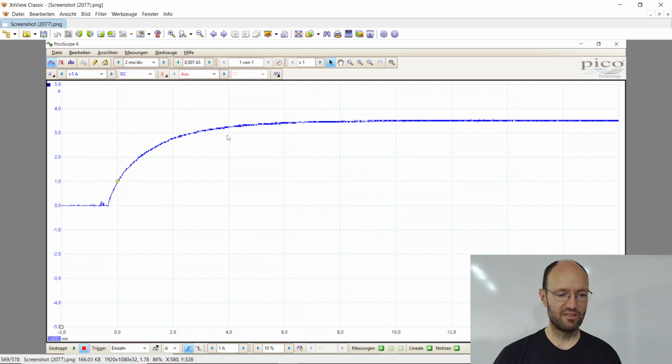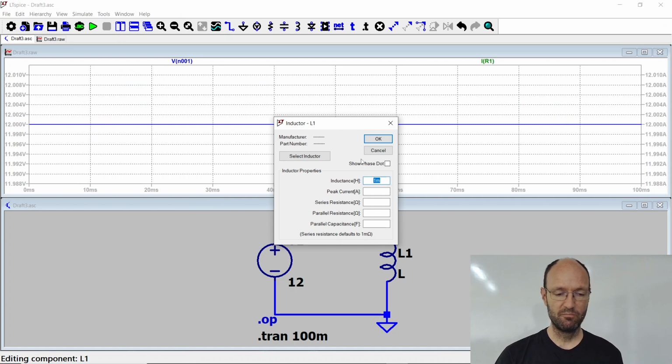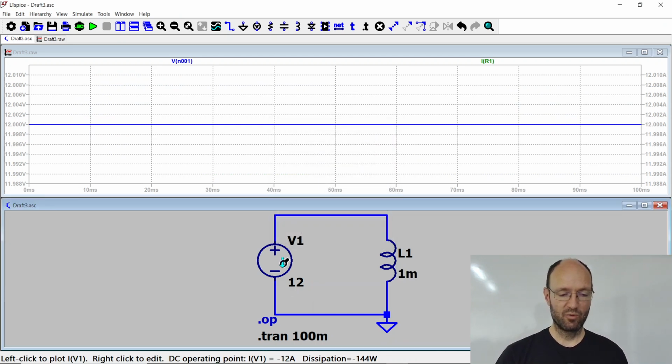This was the transient that we measured when switching on the blocked motor, and this time range here was in milliseconds, 2 milliseconds per division. So yeah, the time constant could be something like a millisecond. And we had 1 ohm approximately of resistance, so 1 millihenry should be fine. Okay, so we have 12 volts. We simulate over 100 milliseconds.